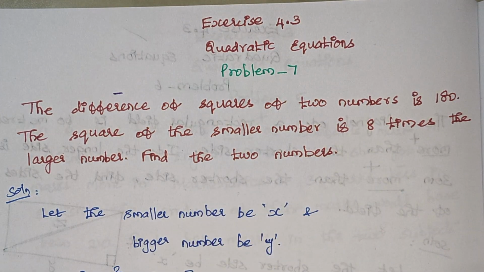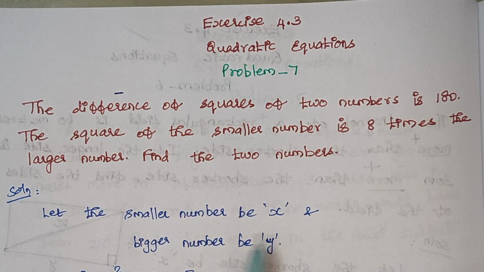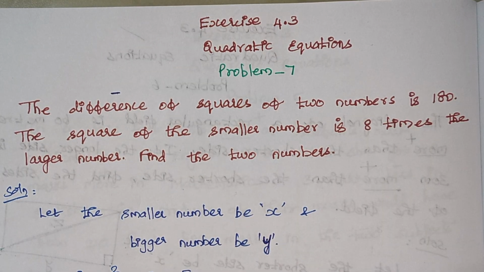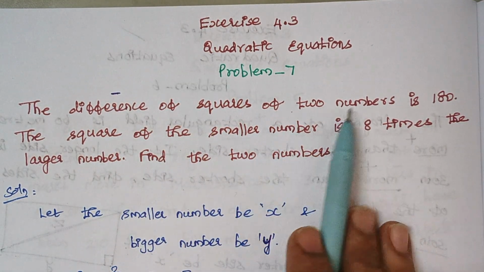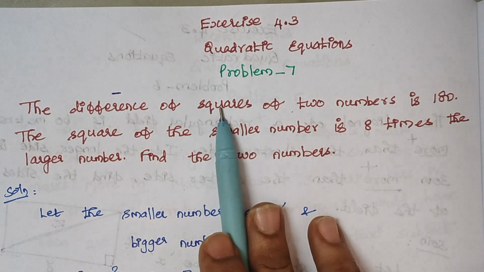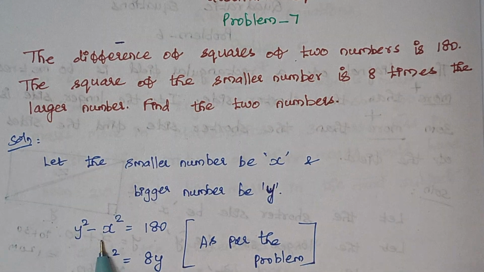So here we have to select two numbers first. Let the smaller number be x and the larger number be y. Now, the difference of the squares of two numbers: difference means you have to subtract the squares of the two numbers. Therefore, here it is y square minus x square.